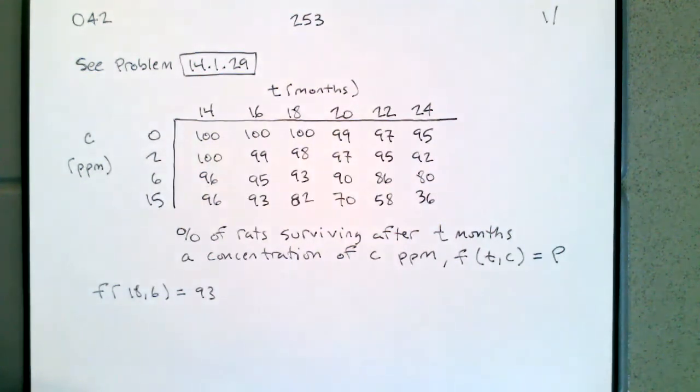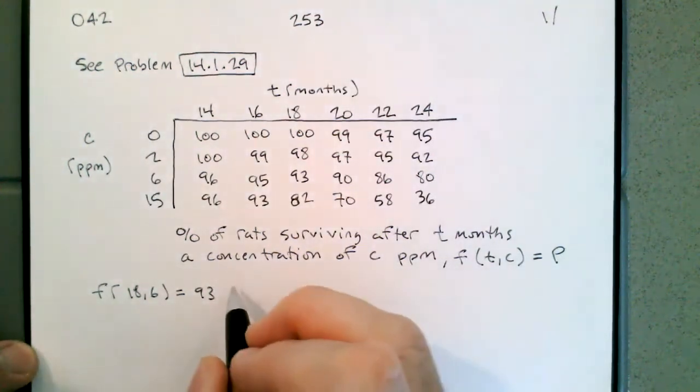So what this means is that 93% of the rats are still alive after 18 months after being exposed to a concentration of 6 parts per million.